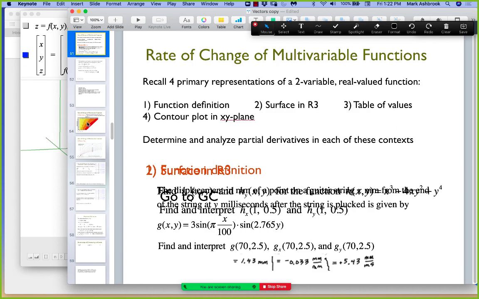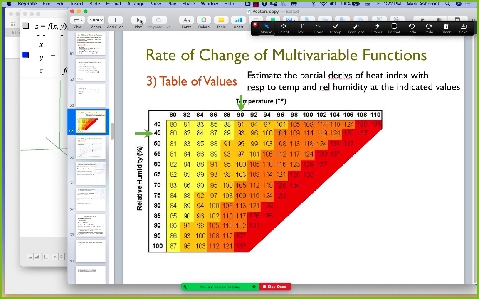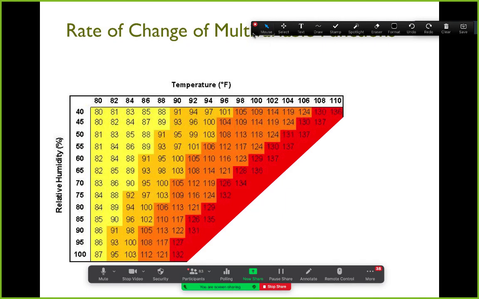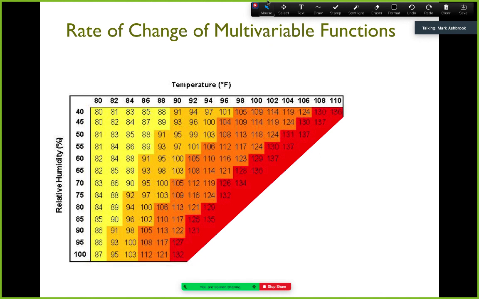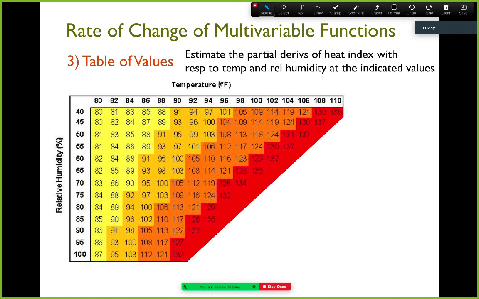So here's a cool table of values for a multivariable function. This is a heat index function. Heat index, we'll use capital I, is a function of the actual temperature outside and the relative humidity.